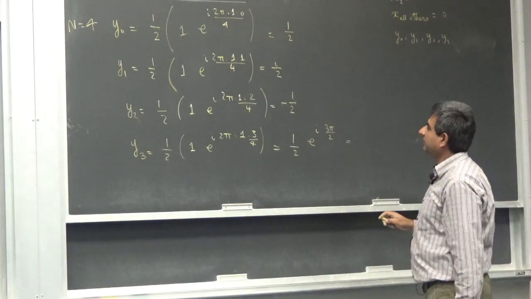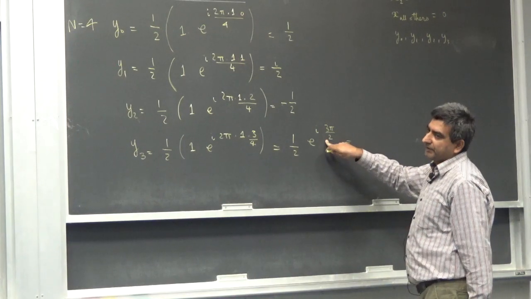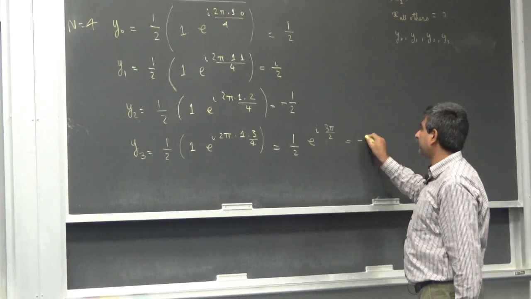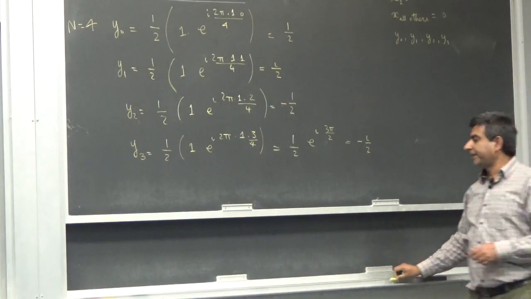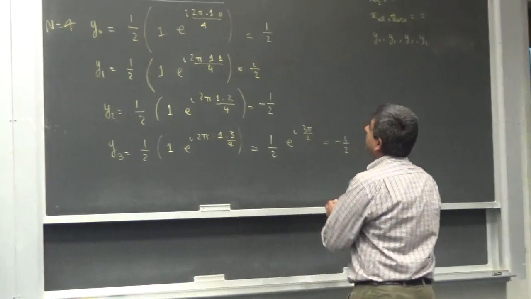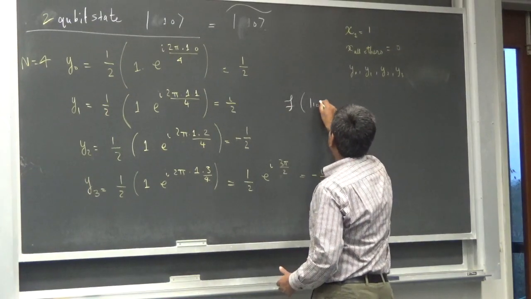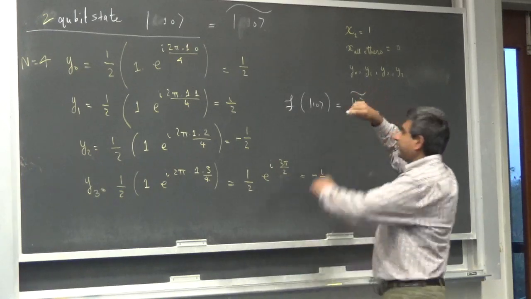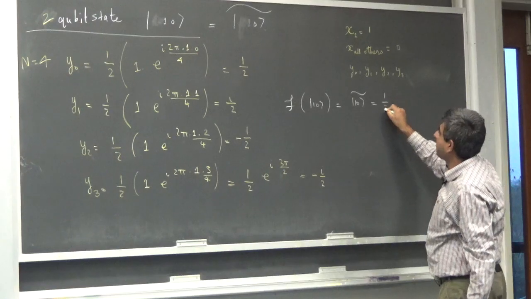This is cosine of 270 degrees, 0, plus iota sine of 270, minus iota. Therefore, the Fourier transform of this state, if I were to use a symbol |10⟩ with a tilde sign on it, is going to be 1 half.